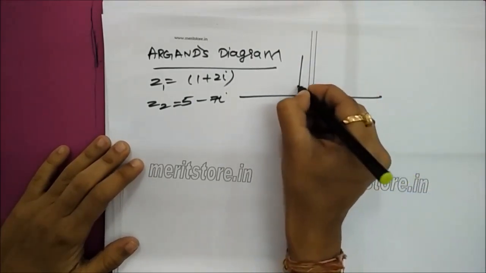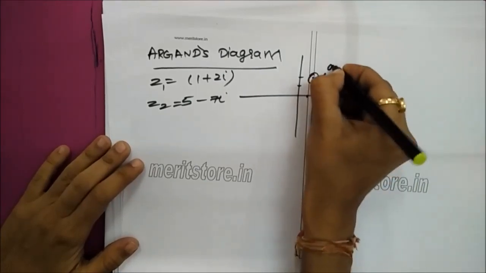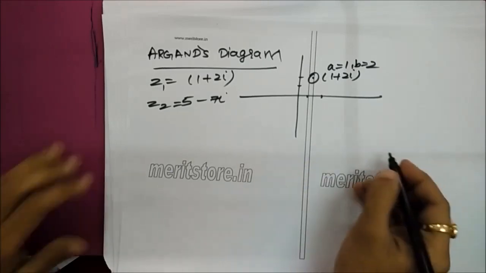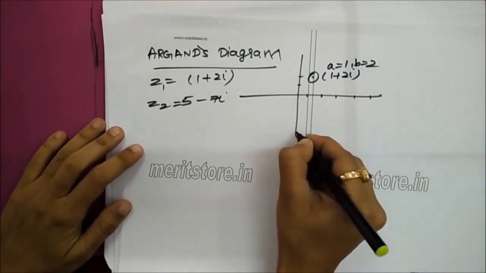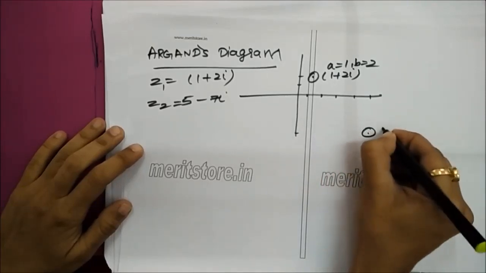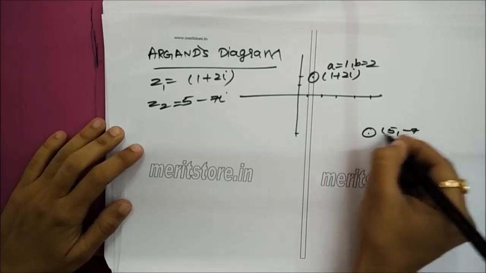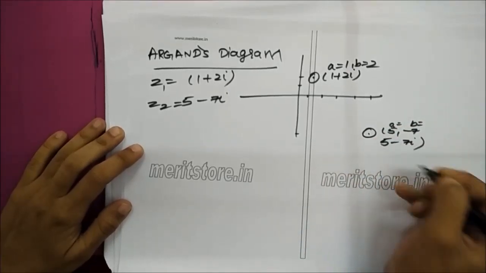You will get here somewhere. This is your 1 plus 2i, your a is equal to 1, b is equal to 2. And 5 minus 7i will be in this quadrant. 5, and here somewhere 7, so this is your 5 minus 7i. A is 5, b is minus 7.